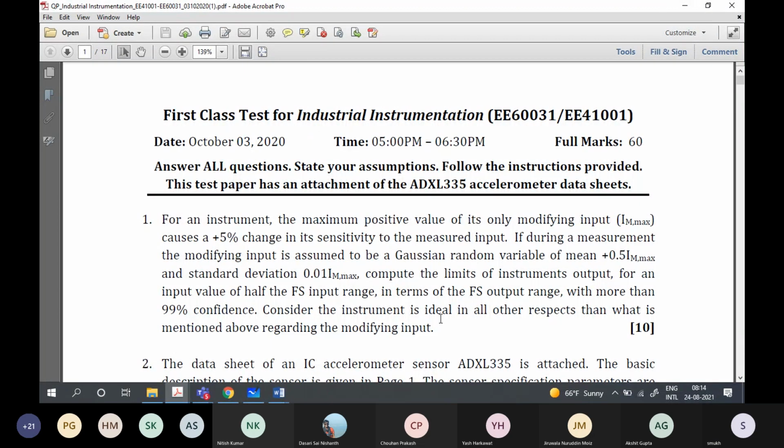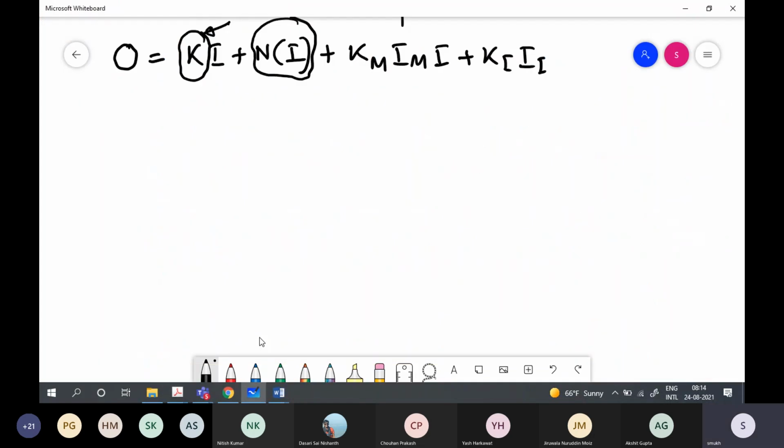That means there is no nonlinearity and there is no interfering input. So with modifying input, the sensitivity is this.